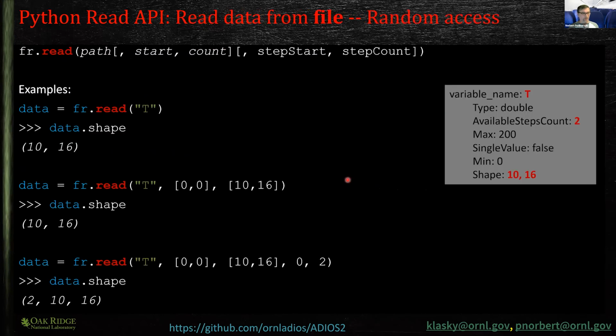And when you want to read data, you can use the offset and local size for each process. So basically, that's the Python API: this one reads the entire thing and all the steps in a file, and this one reads a slice starting from offset 0 to 10 to 16. But in parallel, you can just do it just like in C++ code. So it gives you very easy access in Python to write a parallel code.